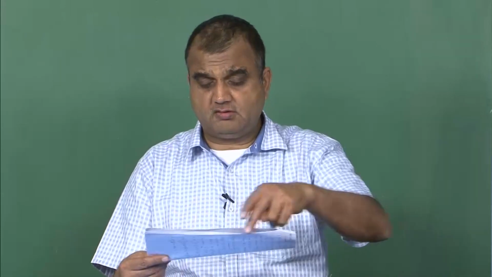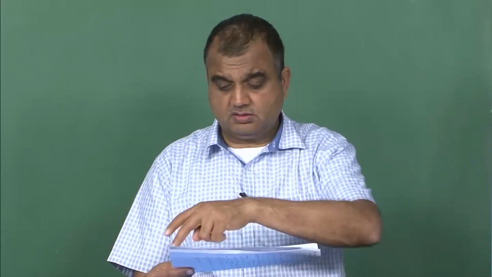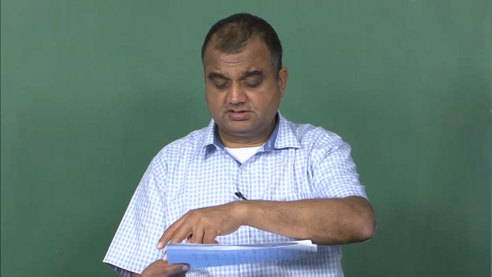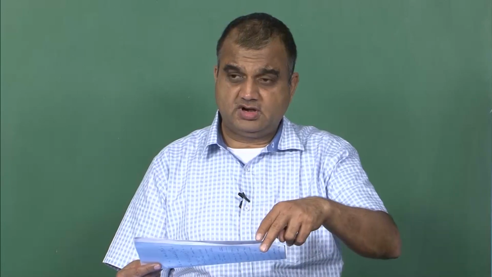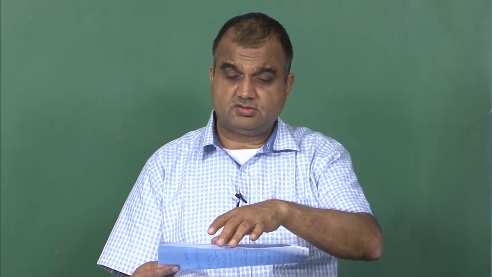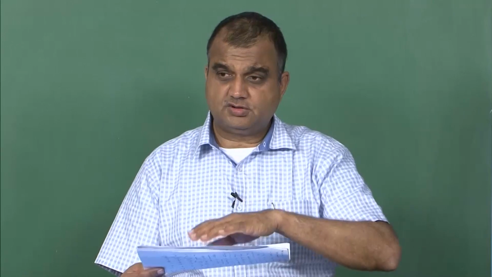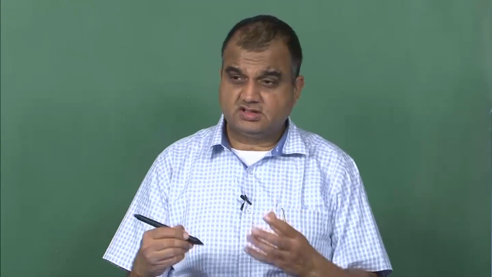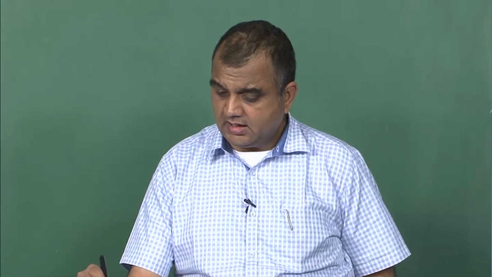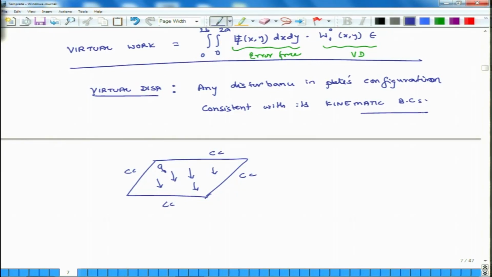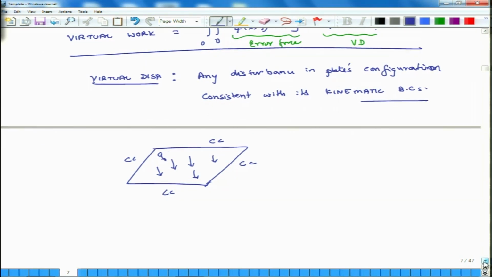That W is 0 on all four sides, and also del W del X is 0 on X equal to 0 and X equal to A, and del W over del Y is equal to 0 on Y equal to 0 and Y equal to B. So, any disturbance in the configuration of the plate which does not violate the kinematic boundary conditions is a virtual displacement, and it is a very small displacement which I ensure through epsilon.